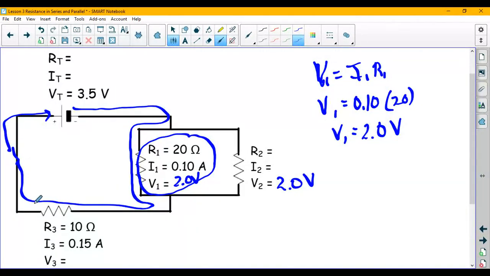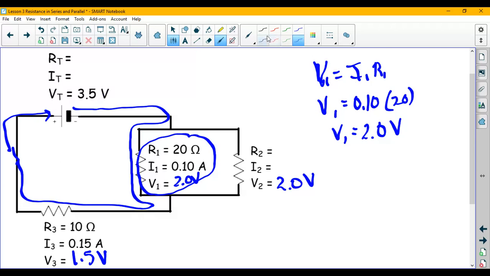If it follows the blue route, then it will drop its 2 and the rest, the 1.5 here. Now, I also could have done this using Ohm's law, V equals IR, and you'll notice 10 times 0.15 is 1.5. So that also helps with my logic. When I go the other way, of course, if I followed the outside route, it would also add up to 3.5. So my logic still holds.